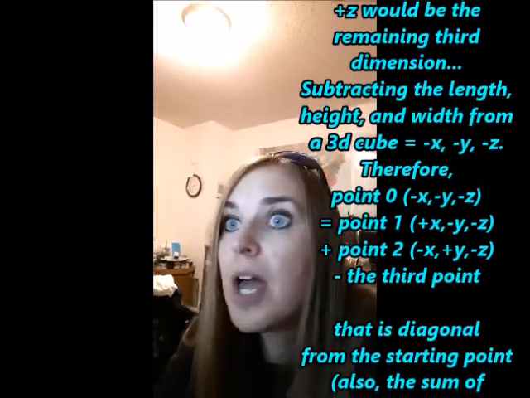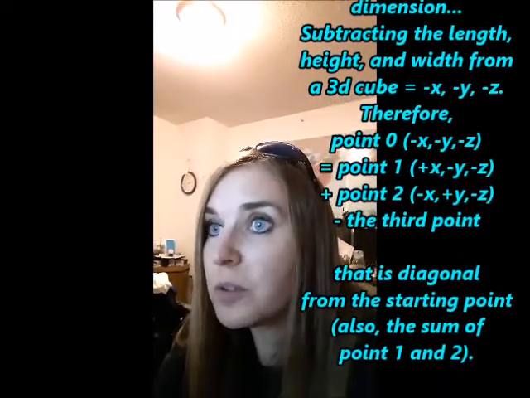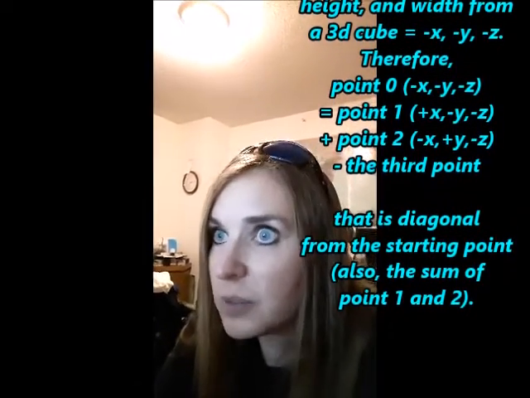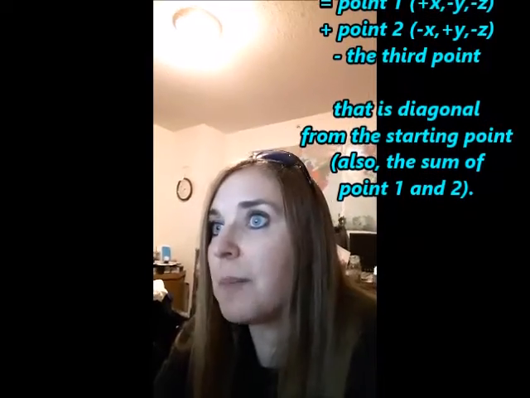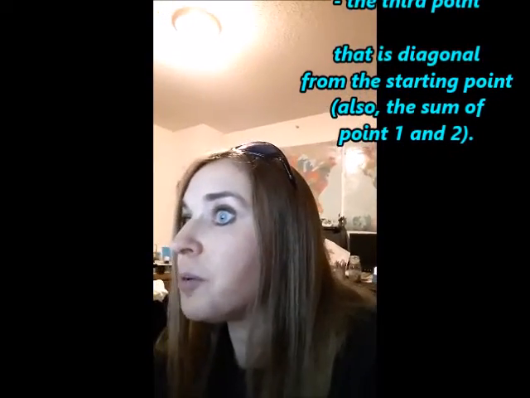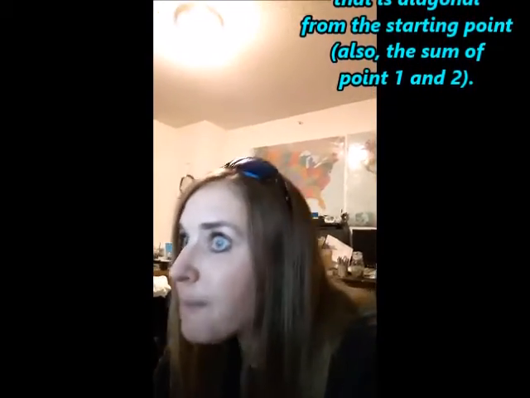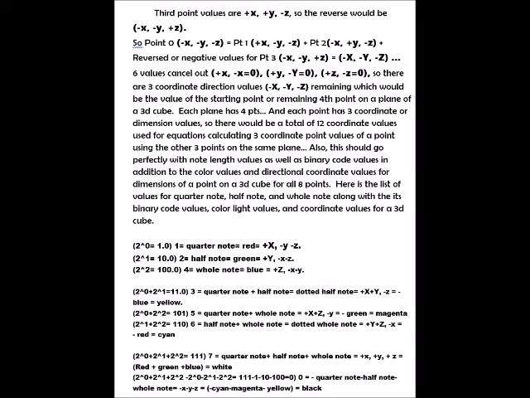Therefore, point 0, minus x minus y minus z, equals point 1, plus x minus y minus z, plus point 2, minus x plus y minus z, minus the third point that is diagonal from the starting point, also the sum of point 1 and 2. Third point values are plus x plus y minus z, so the reverse would be minus x minus y plus z.